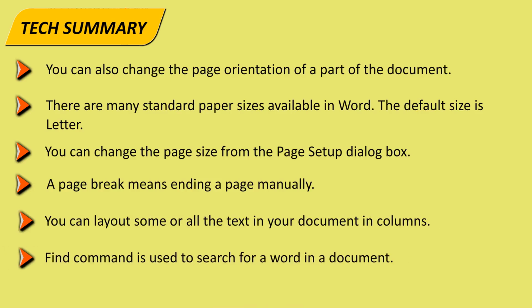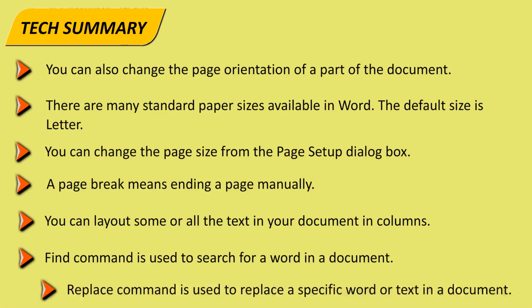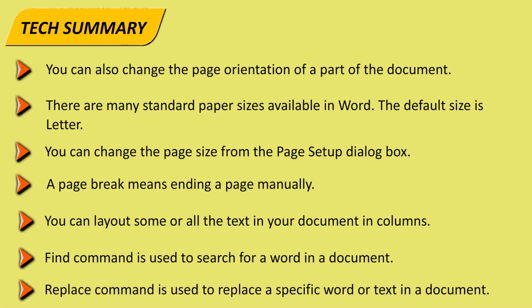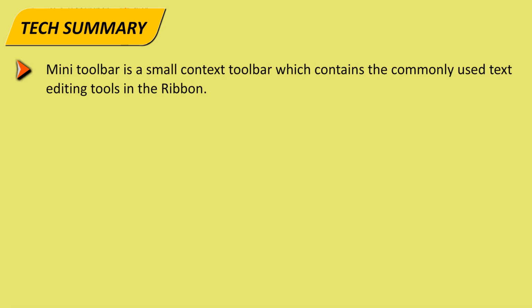Find command is used to search for a word in a document. Replace command is used to replace a specific word or text in a document. Mini toolbar is a small context toolbar which contains the commonly used text editing tools in the ribbon.